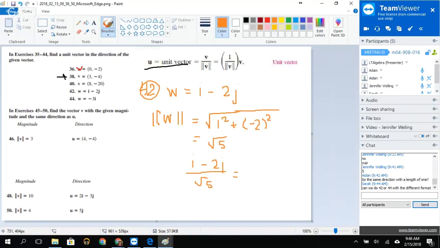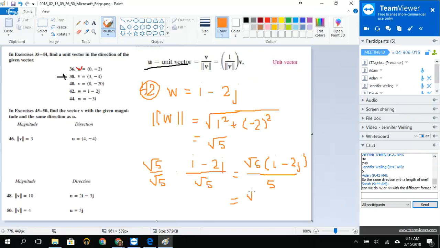Or I could write this as the square root of 5 times i minus 2j over 5. So I did that because I just multiplied everything by the square root of 5 to get the square root of 5 out of the denominator, right?